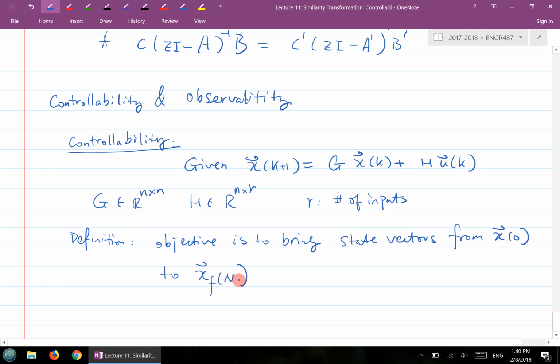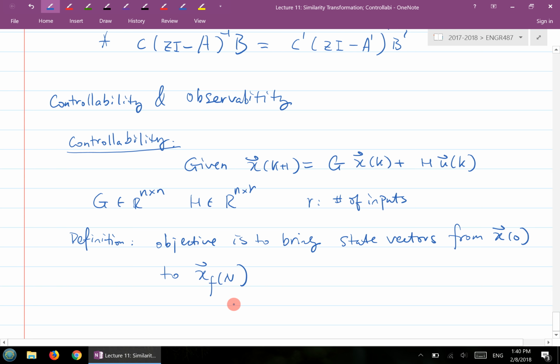So you have an initial value representing the state vector value x of 0, and the objective is to ask, can you bring this x of 0, whatever it starts at, to a certain user specified xf of n here.